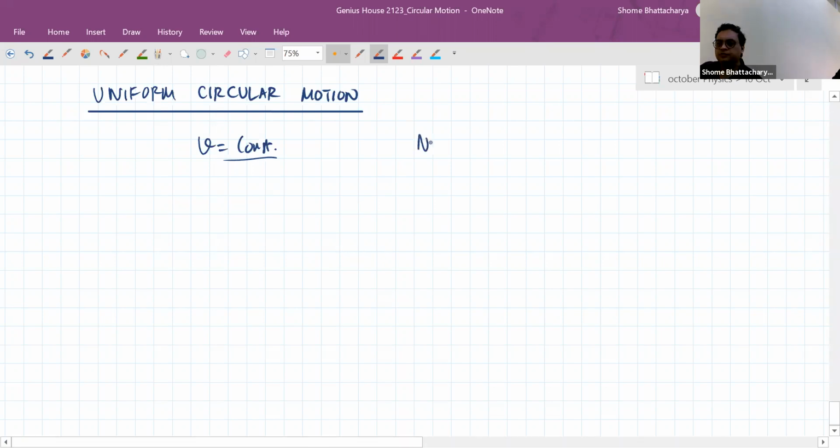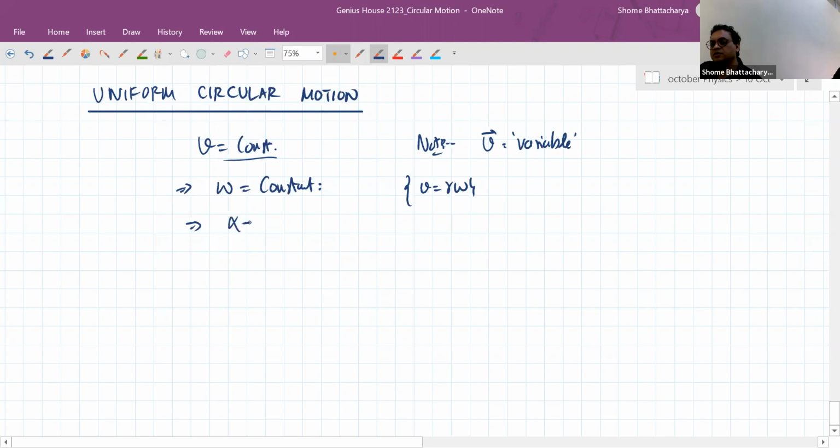Velocity is still variable, because otherwise it could not be turning. Okay. So now this means that omega is also constant. Angular speed is also constant because you have v is equal to r omega. Which means that alpha is 0, which means that tangential acceleration is 0.